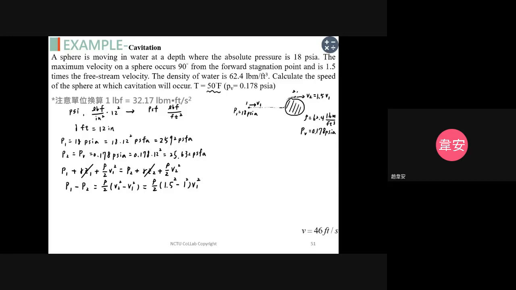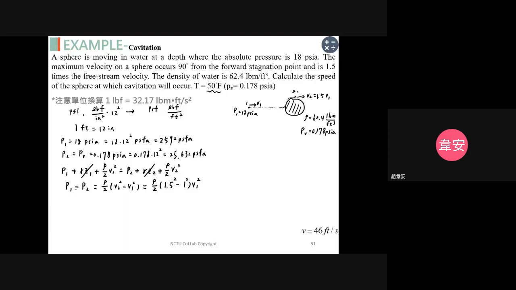Based on V2 equal to 1.5 times V1, we can rewrite the equation as 1.5 squared minus 1 squared. We just put the numbers into the equation.